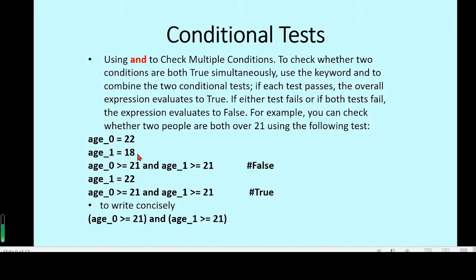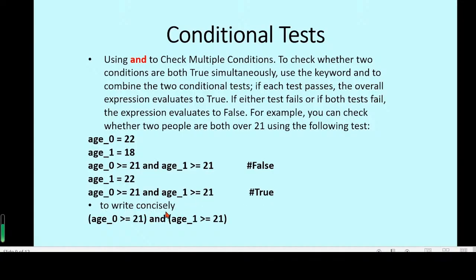So these two people have ages 22 and 18. We can test if this age is larger than or equal to 21, and this one is also older than 21. The result will be false because one is not larger than or equal to 21. But if we change the second one to 22, then we test again, then it will be true because both are older than 21.